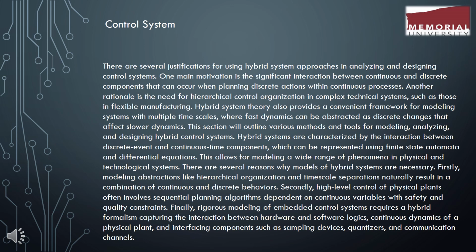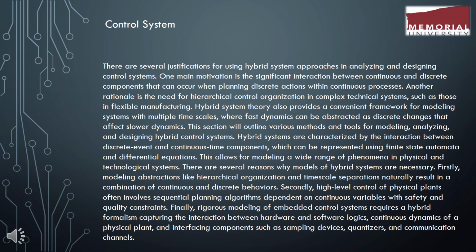There are multiple reasons why you use a model of a hybrid system and why it is necessary. Firstly, modeling abstractions such as hierarchical organization of a complex system and time scale separation of continuous components naturally result in a combination of continuous and discrete behavior.